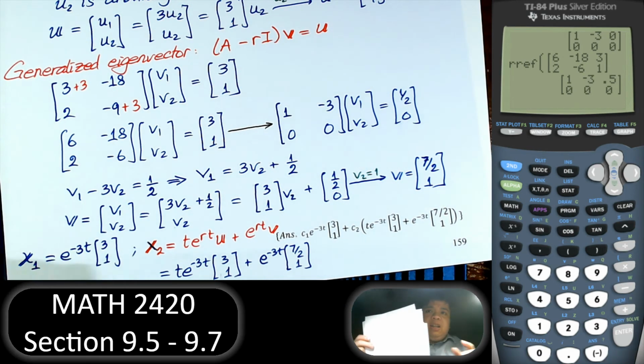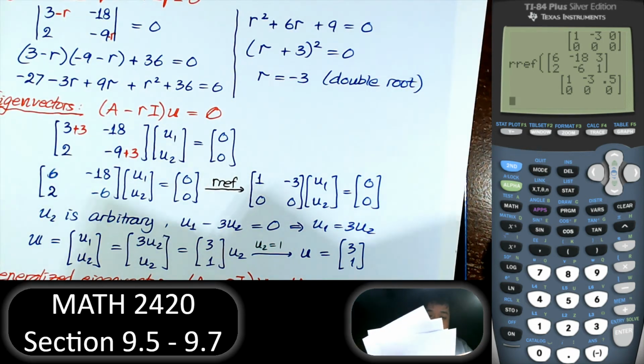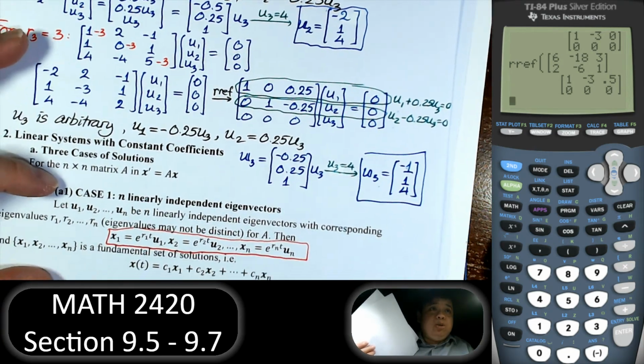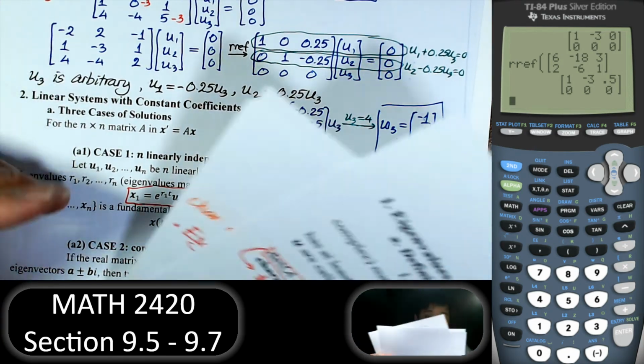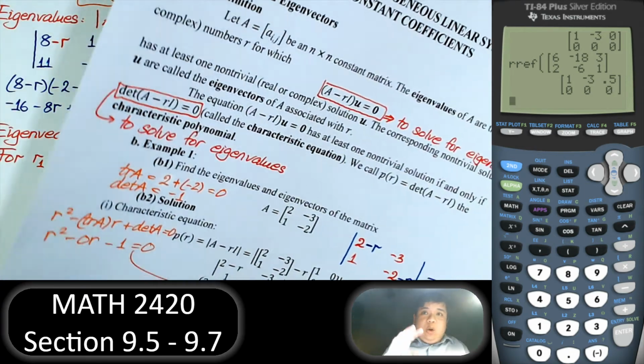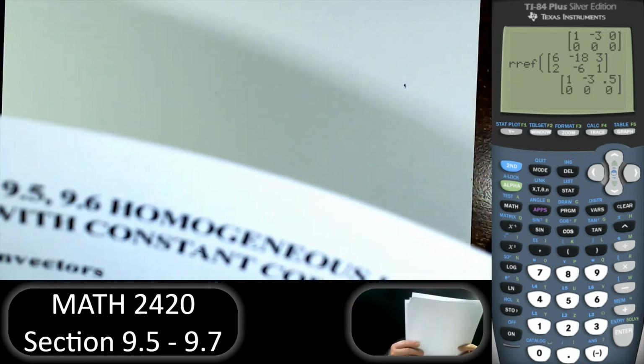If you haven't taken linear algebra, this might be overwhelming. So on the final, I only ask you to know how to do the first case, how to find the eigenvalues and eigenvectors. There are no repeated eigenvalues, no complex eigenvalues either.